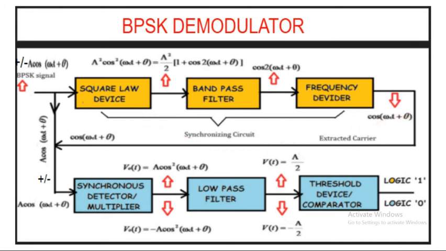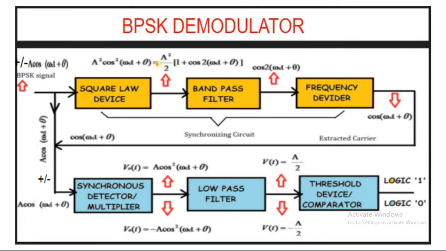Let us see the working. During the bit slot, when the incoming BPSK signal is plus A cos omega c t plus theta, the output of the square law device, which is also known as a squaring circuit, is A square cos square omega c t plus theta.